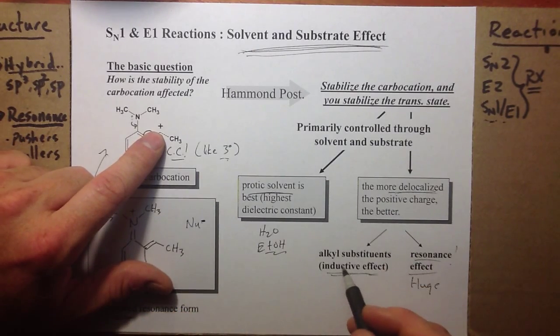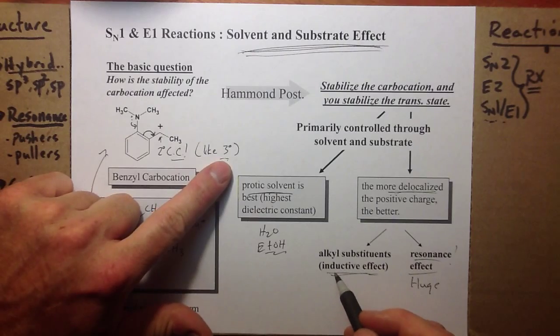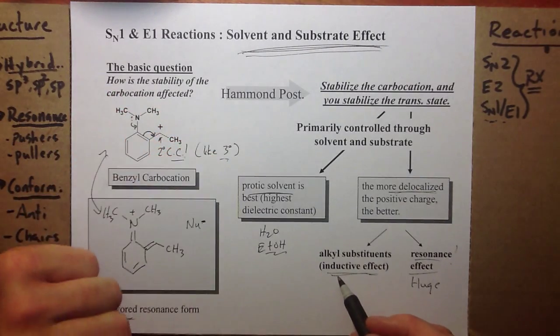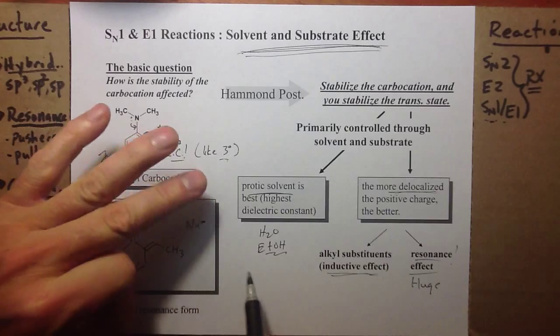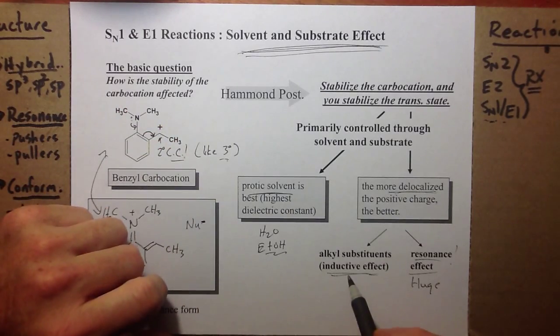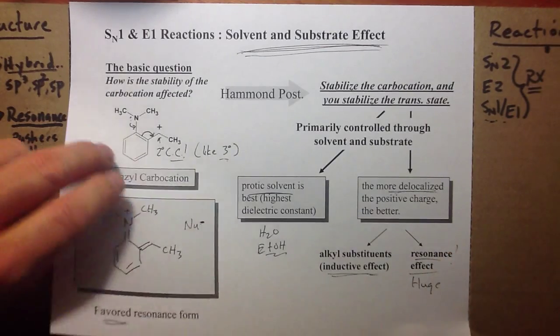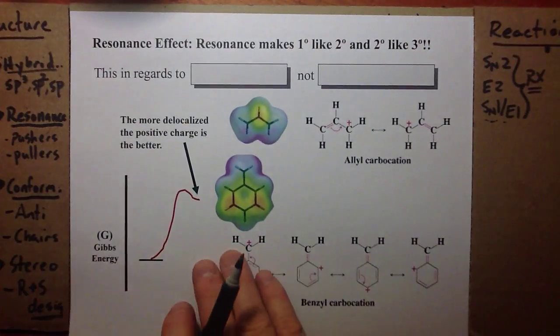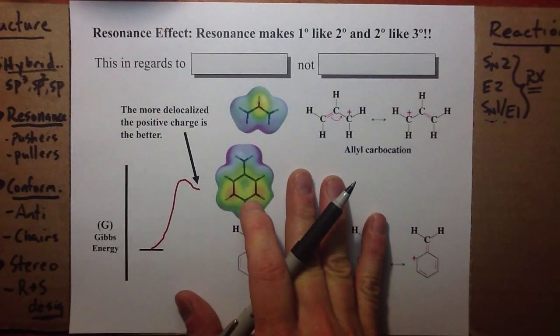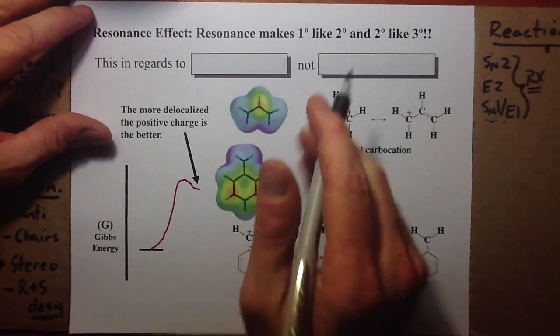We can also consider inductive effects. Tertiary carbocations have 3 alkyl groups around it. Secondaries have only 2 alkyl groups around it. And of course, the more alkyl groups you have, the more stable the positive charge is inductively. So stabilization of this carbocation is key.